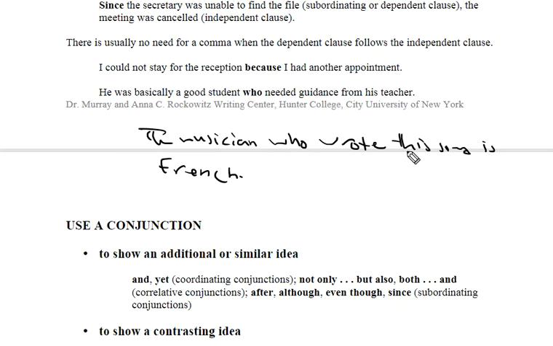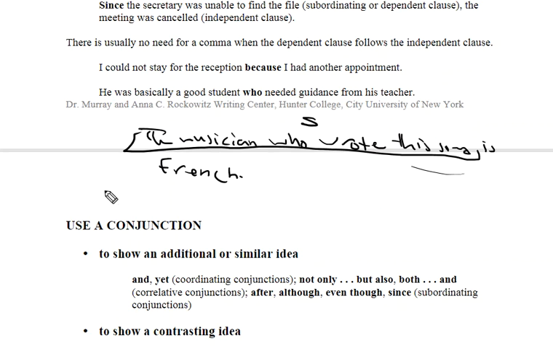The musician who wrote this song, I stopped here. Will it convey its meaning? No. The musician who wrote this song is French. This is the whole subject. It needs a verb. The clause needs a verb here to convey the meaning.